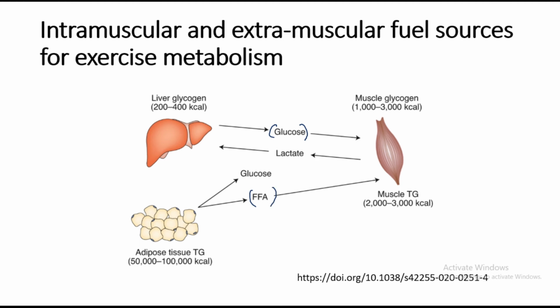These glucose and free fatty acids are usually mobilized from the liver, fat, and from the muscle itself. So these are the locations of the energy fuel from extramuscular sources, which are usually mobilized during exercise.